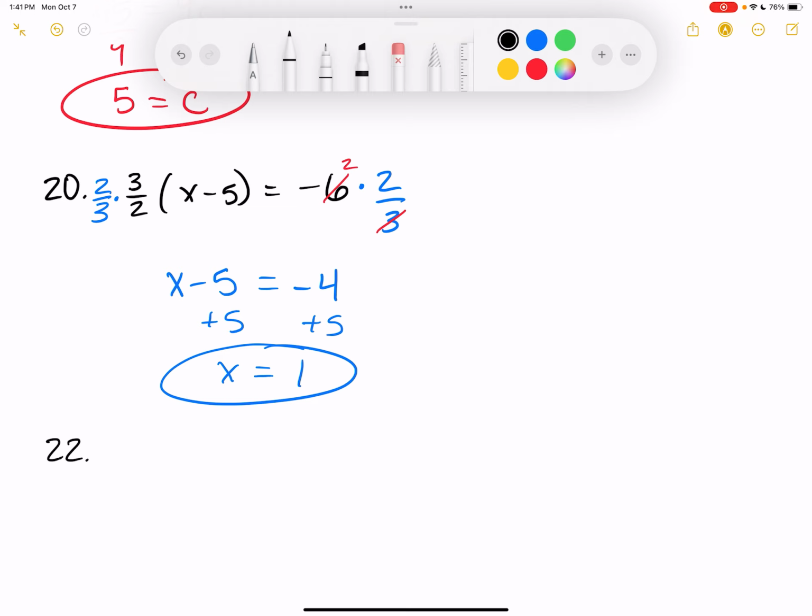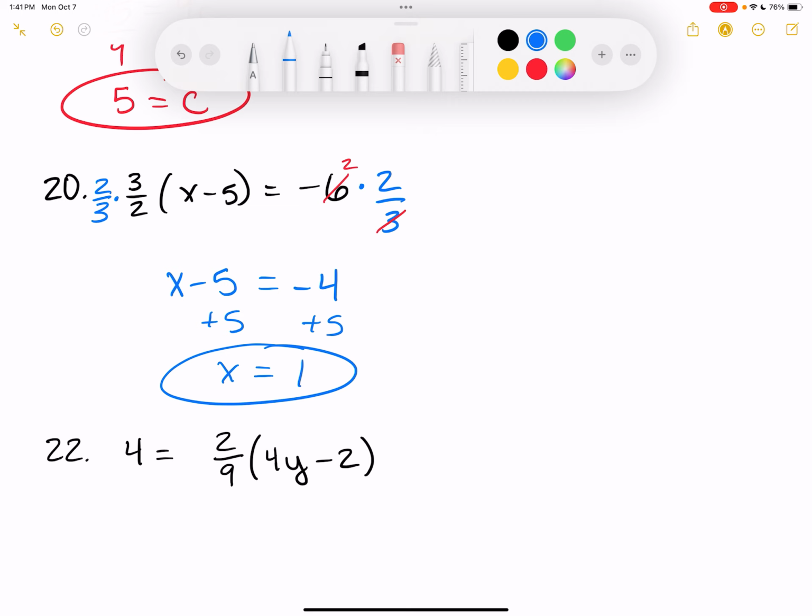Number 22: 4 equals 2 over 9 times 4y minus 2. What do you think I need to do with this one?